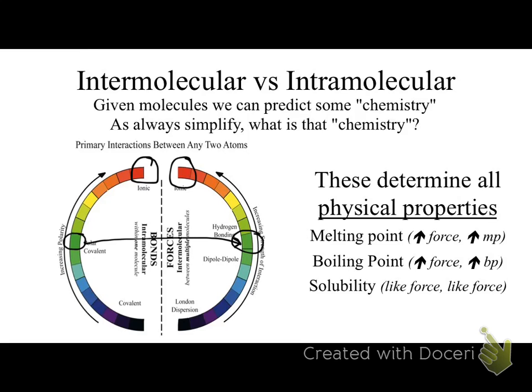Why is that important? Well, these interactions, particularly your forces, are the things that determine all physical properties. Melting point, which you'll see in lab today. Boiling point. Solubility. Okay? Predicting all of those things comes back to these intermolecular forces. Predicting reactivity is ultimately going to come back to these intermolecular forces.